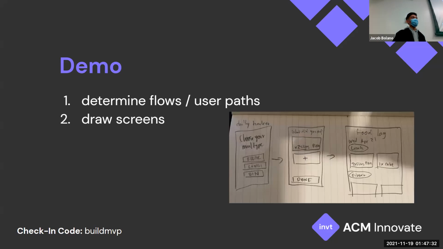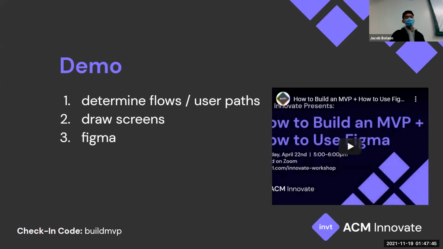The next thing is to draw out the certain screens, like starting off with the home page, then sign in, then the landing page or whatever. And then the next thing is actually using Figma, using the website, and creating everything there. So I'm going to play a video that we used last year that goes over the basics of Figma and how you can use it to MVP.